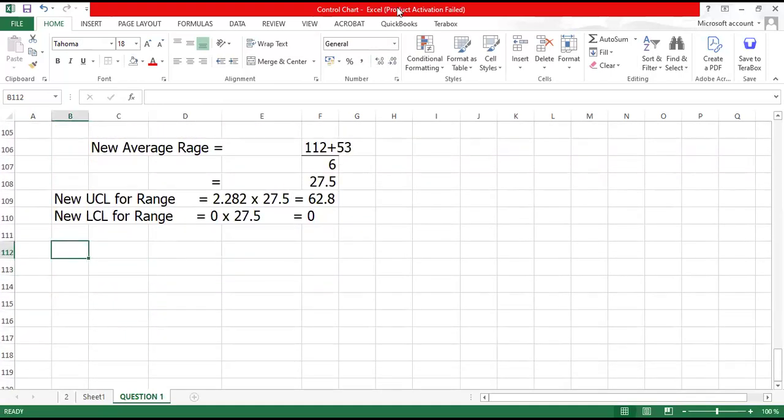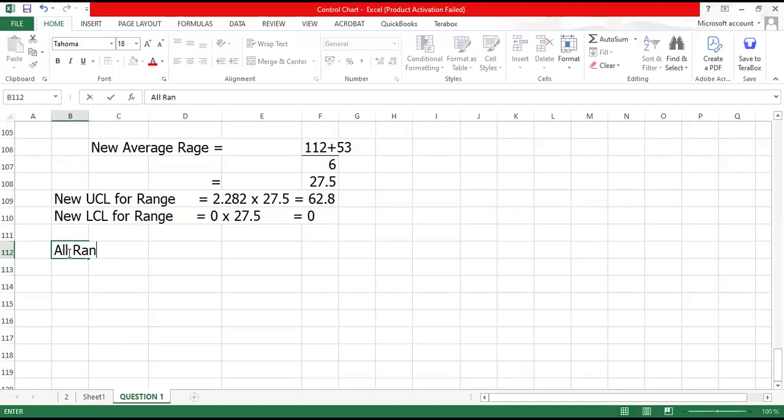So the question is, is the process still within control? Are all the figures within the limit? We have a new upper control limit of 62.8. I think it's still within control.